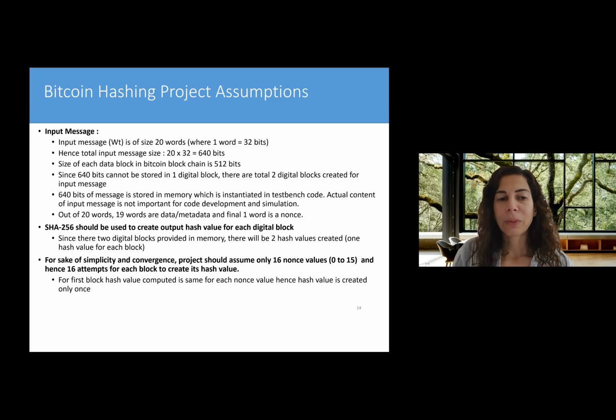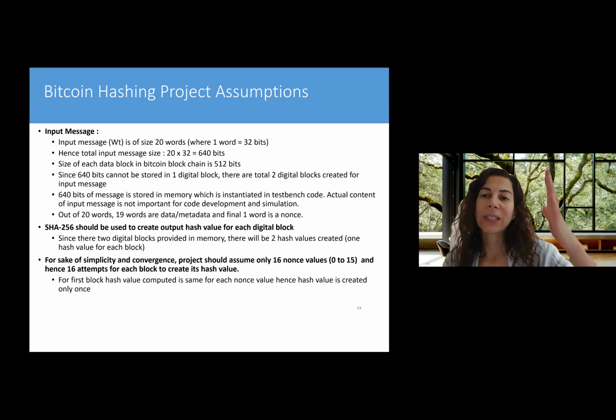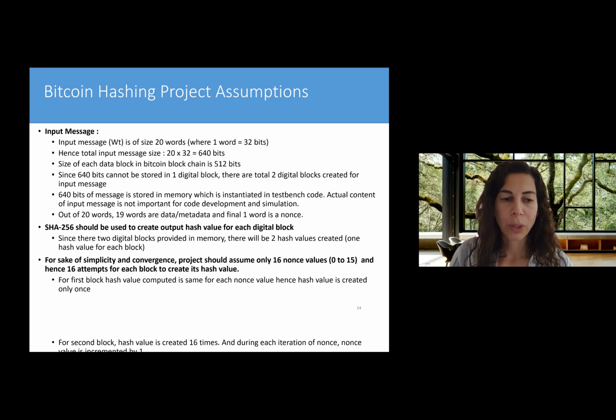Another thing to consider is that because those 19 words are fixed for each of the hash values and only the 20th was added, the first 16 words, which is 512 bits, are the same for all the calculations that we are going to have.